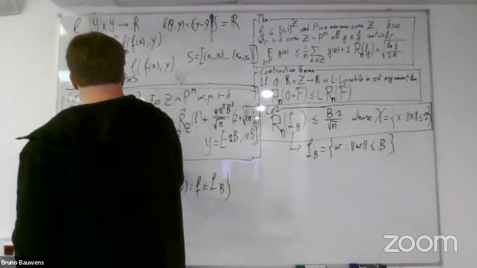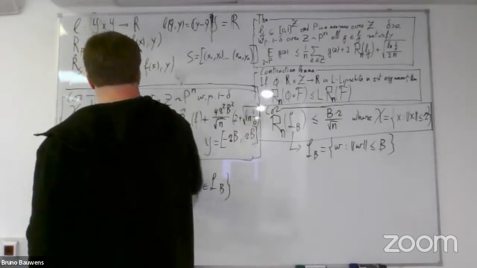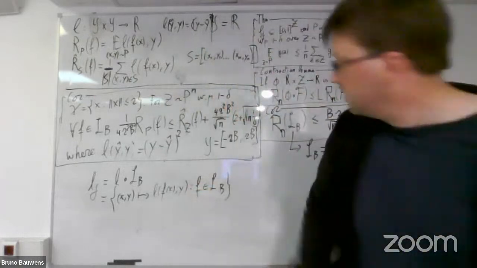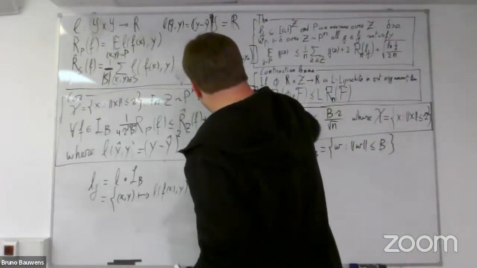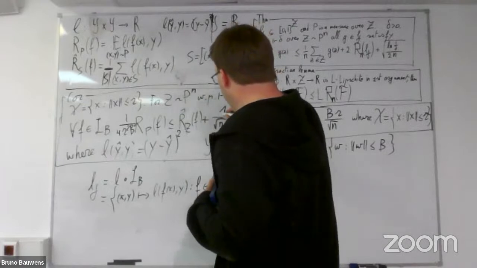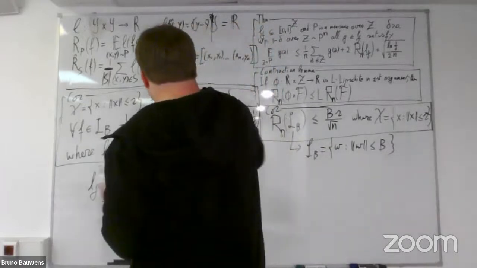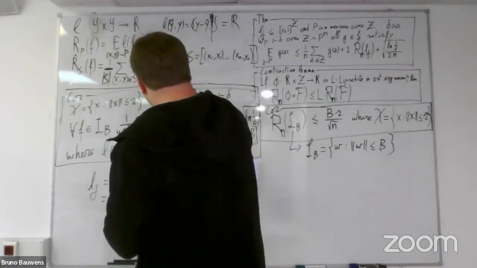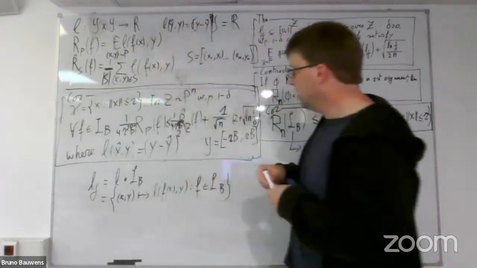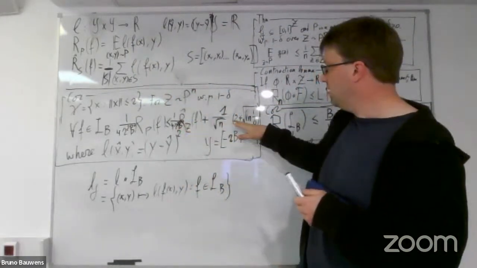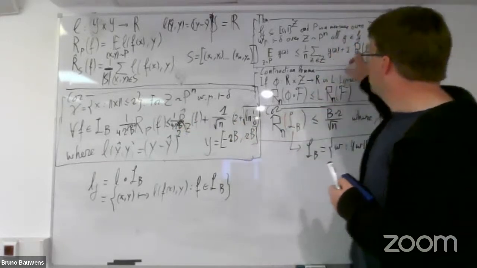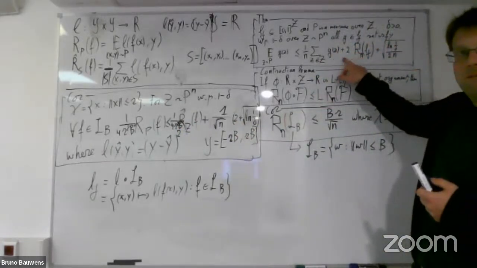What we get here is 4R squared B squared is smaller than. No, we don't have this factor here. We have 1. And here we have again 1 over 4R squared B squared. Okay, you understand what I mean, right?